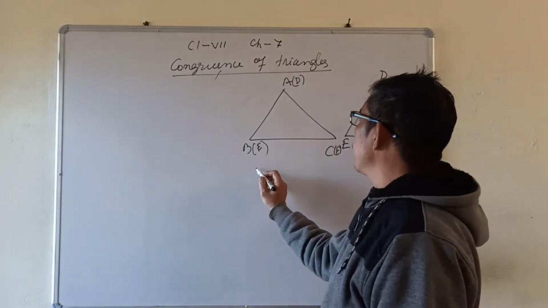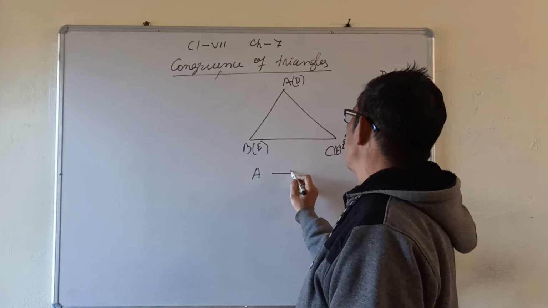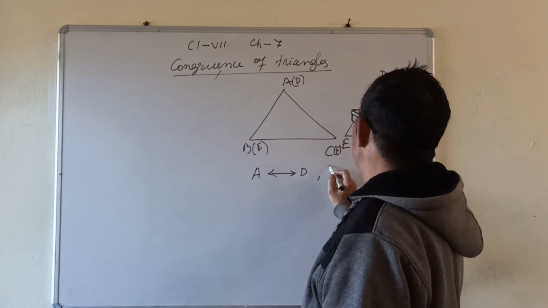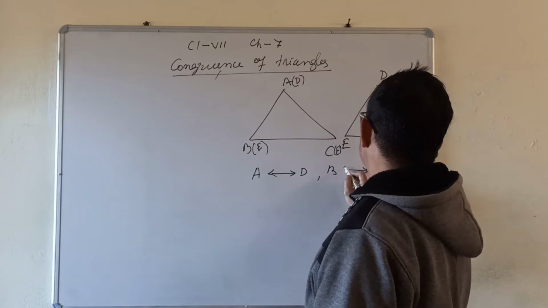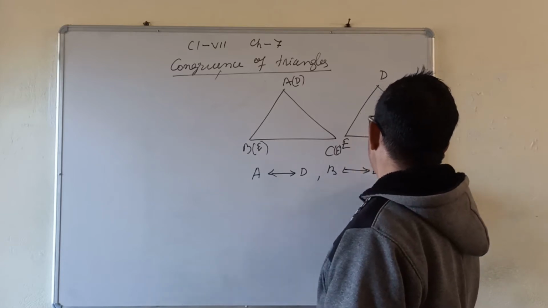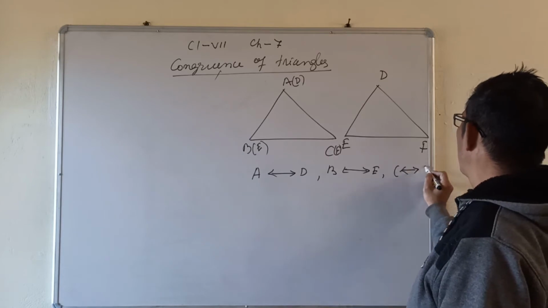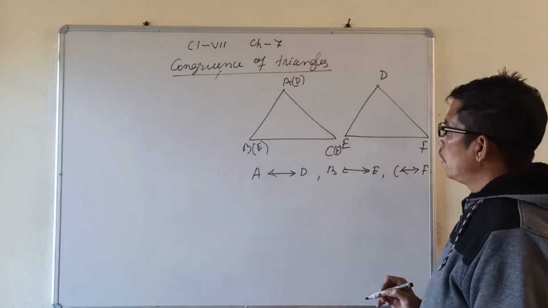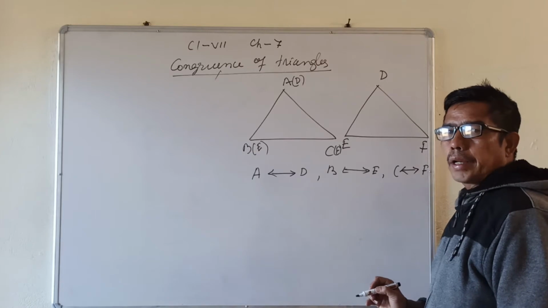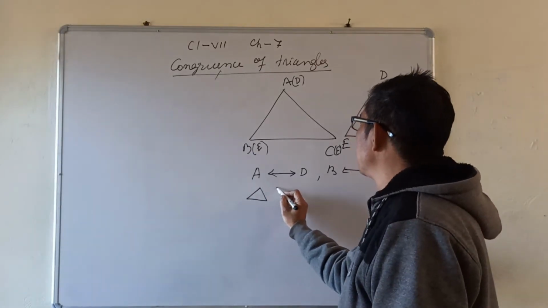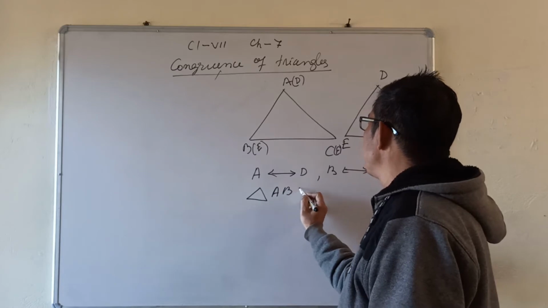And we used to write A corresponds to D, B corresponds to E, and C corresponds to F. And symbolically we can express triangle ABC.